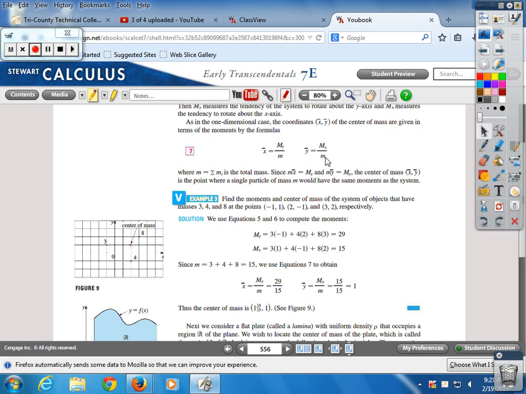Where did they get m? Well, m is the summation of m sub i, the total mass. So m is your denominator, and it's just the total mass. Well, what's the total mass? 8 plus 4 plus 3 is... Okay, so you got your moment. The first thing is we got to find our moment, and we just did that.